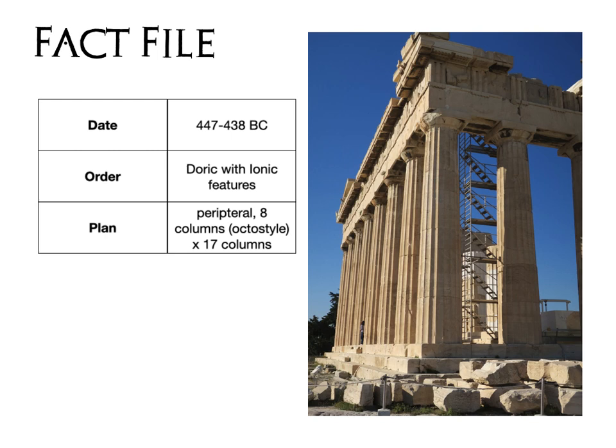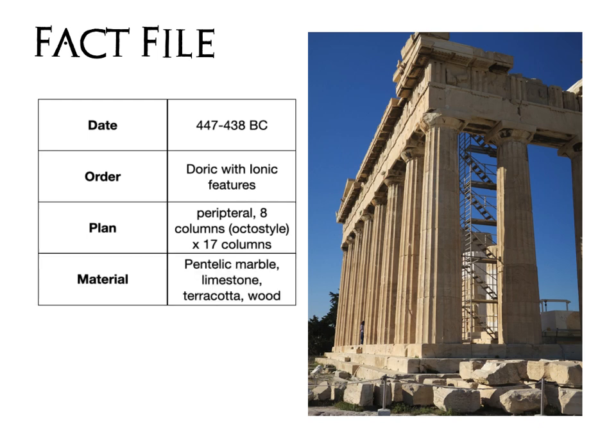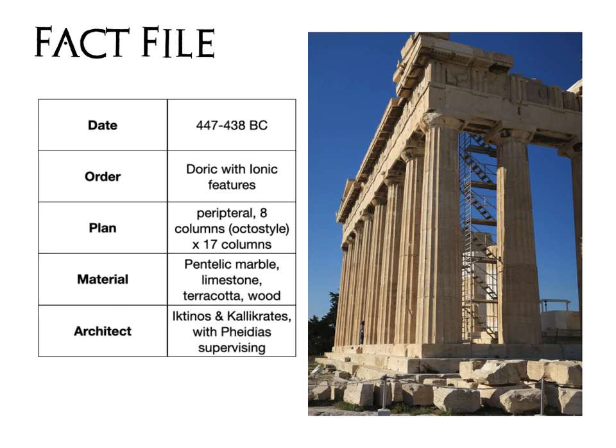In terms of the floor plan, it is peripteral. Remember, that means it's got columns all the way around the perimeter. It is octo-style, meaning there are 8 columns along the front and back, and 17 along each side. The temple is made out of Pentelic marble, limestone, and it's also got some terracotta and wood.